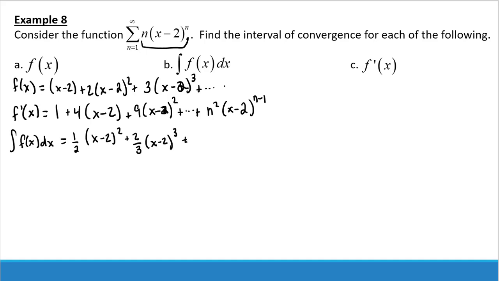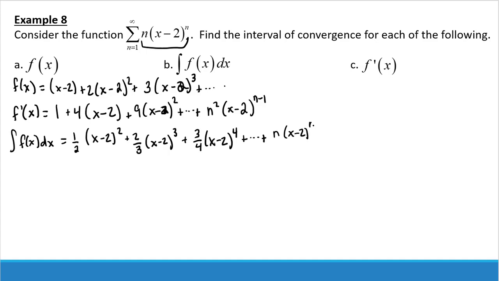And so my general term here is going to be n over n plus 1 times x minus 2 raised to the power of your new exponent. Okay, so we're going to need that.